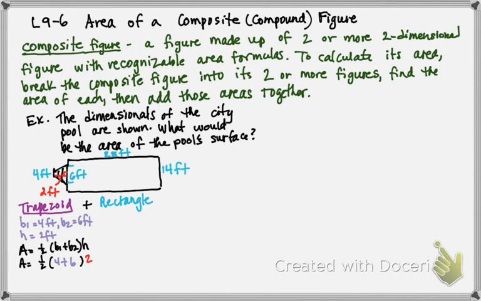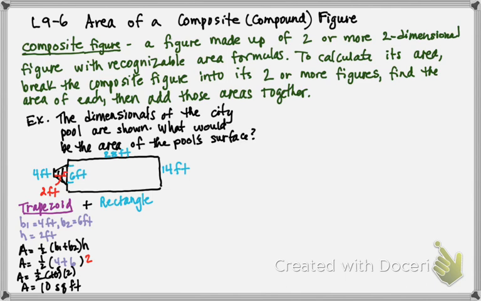So I simplify first. I get area equals 1/2 times 10 times 2. Half of 10 is 5. 5 times 2 is 10. Now this is going to be square feet. So that's the first area.